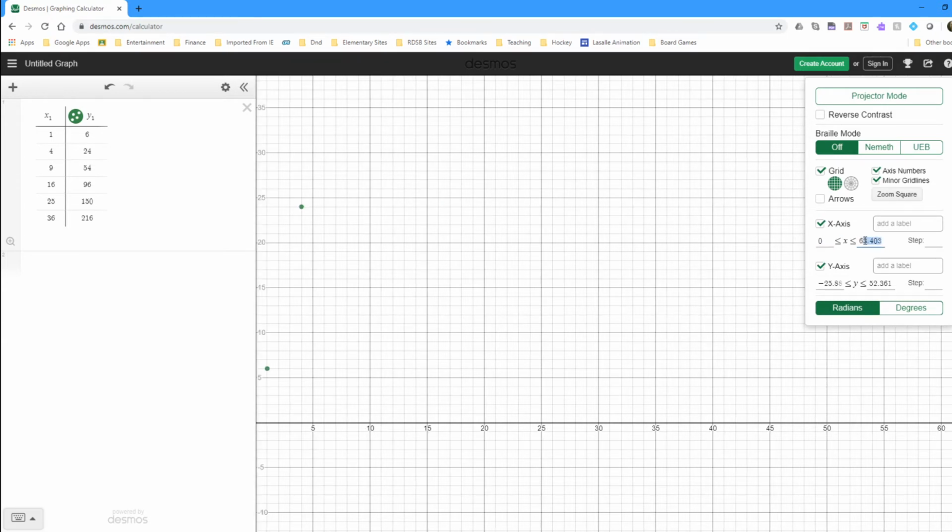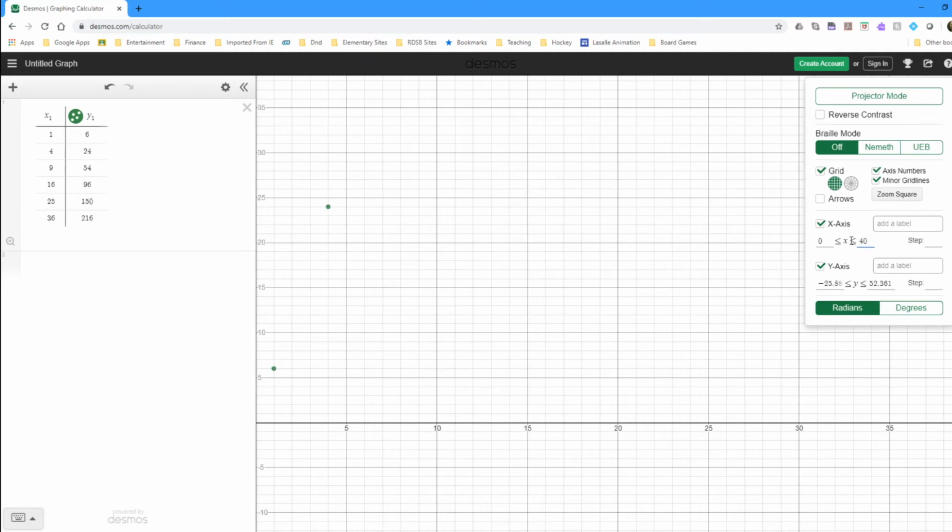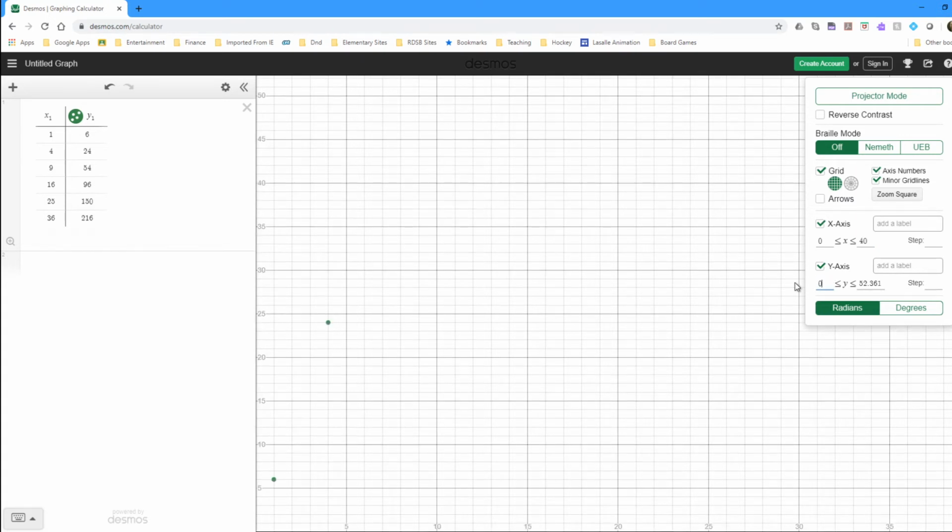I always like to go a little bit lower and a little bit higher than the numbers that are there so we can see all the points. So I'm going to go to 40. Now for the y-axis, again, I'm going to start at 0. 0, 0 is always a nice point to start at if we can. But it goes all the way up to 216, so I'm going to go up to 230.